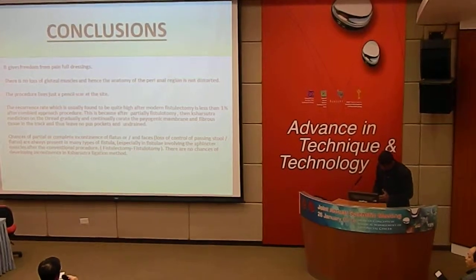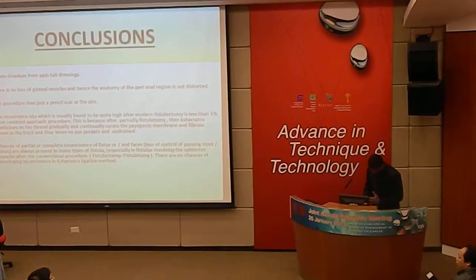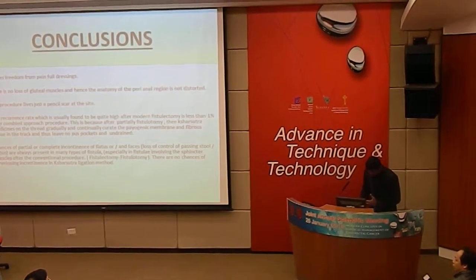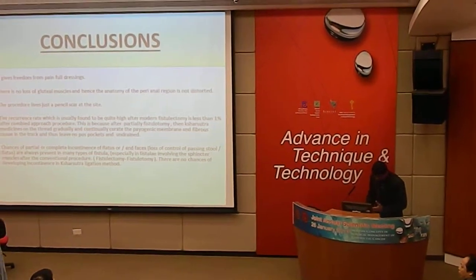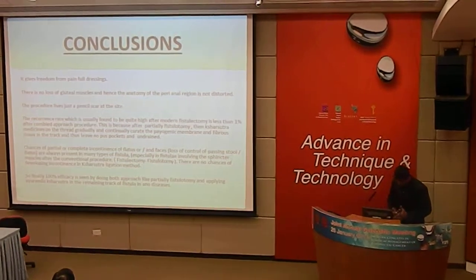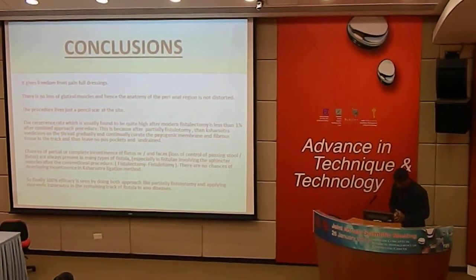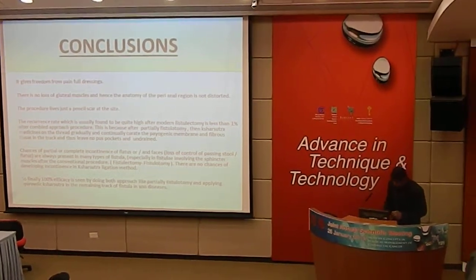The chance of partial or complete incontinence is always present in many types of fistulas, but in this procedure we have not seen any type of incontinence problem in the patients. So finally, 100% efficacy is seen by doing both approaches, partial fistulectomy and applying Ayurvedic Shar Sutra in this type of anal fistula. Thank you.